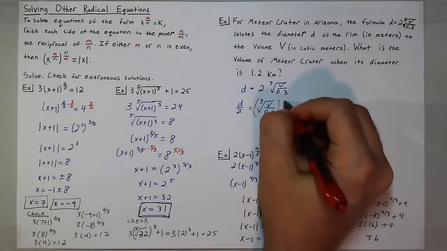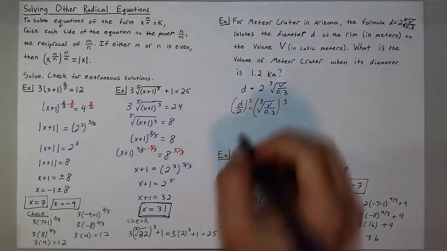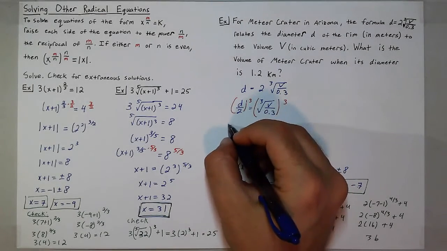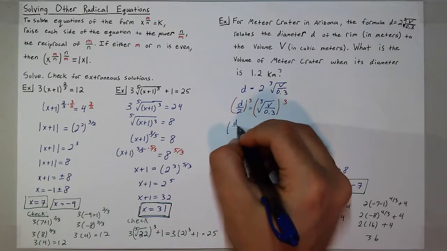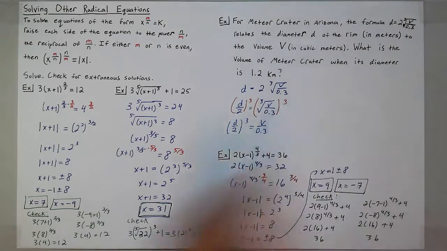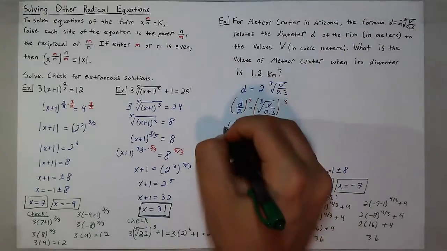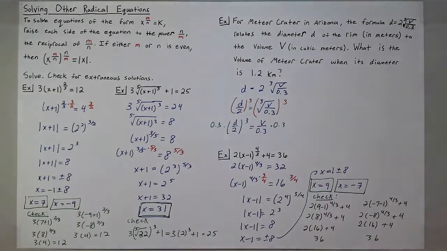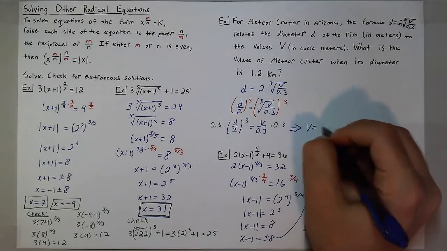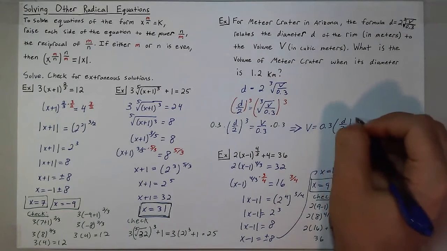So I'll raise each side to the 3rd power, which will give me D over 2 cubed is equal to V over 0.3. And then you can multiply each side by 0.3. And voila, we have a formula. V should be equal to 0.3 times D over 2 cubed.